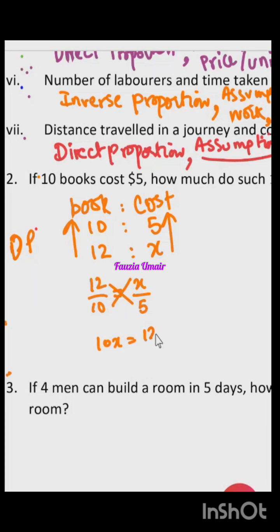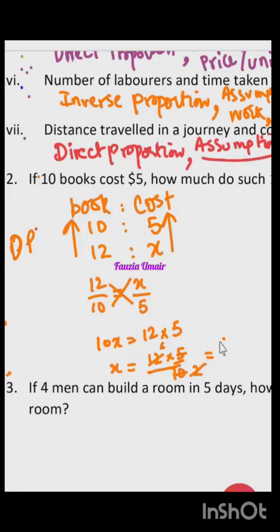We will not multiply yet because we are following the rule that simplification comes before multiplication. So 10 is coming here. Now you can cancel: 5 twos are 10, 2 sixes are 12. So the answer is 6. What would be the unit? $6. Whenever there is a word problem, you need to write down the unit with the answer.